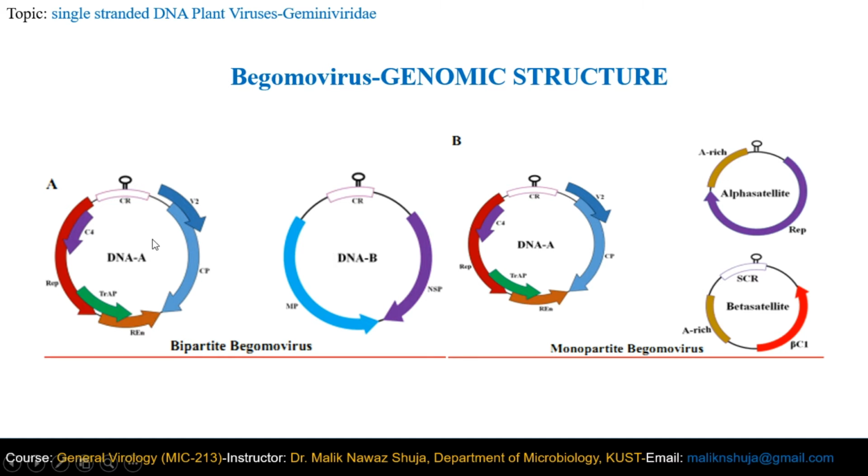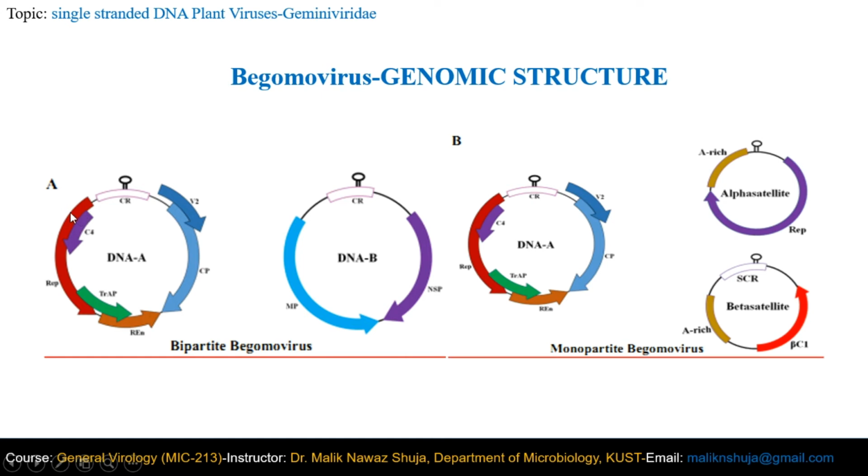DNA-A consists of 6 open reading frames. V2 and the coat protein are the two genes on the virion strand, and they are separated from the complementary strand by a common region or large intergenic region, which contains a highly conserved hairpin loop known as the nonanucleotide. This indicates the nonanucleotide sequence here.